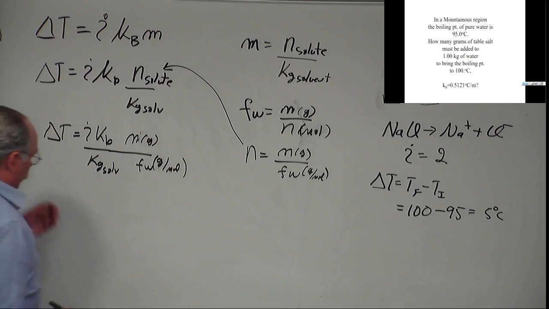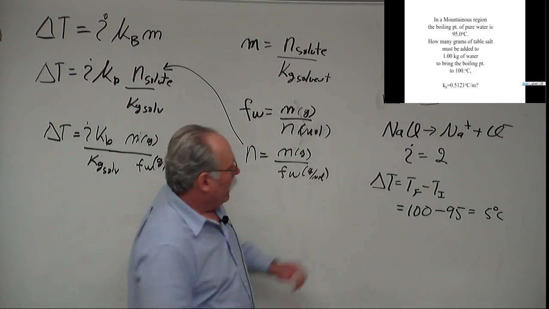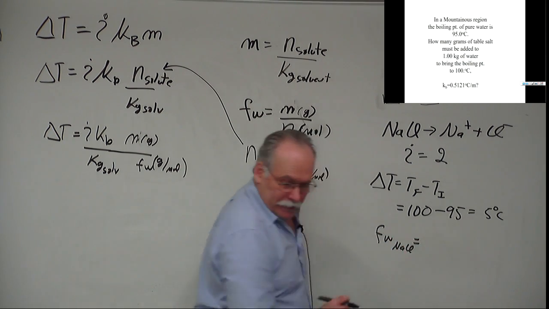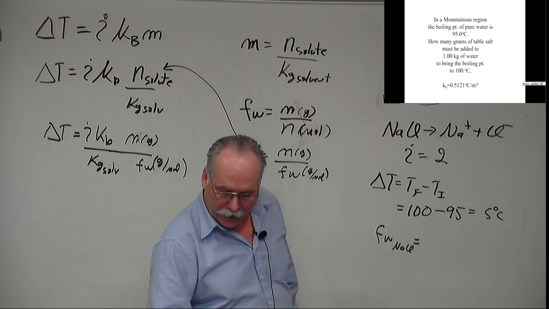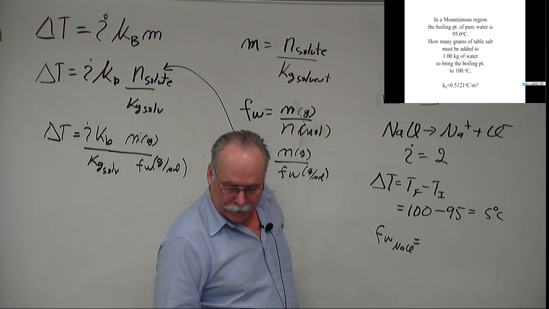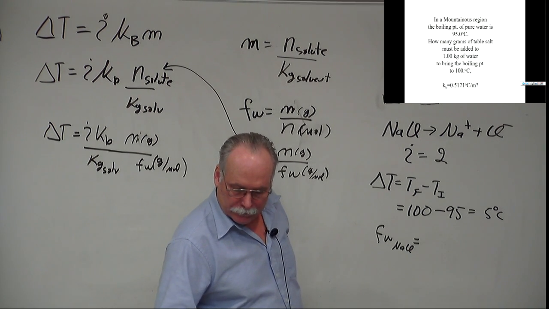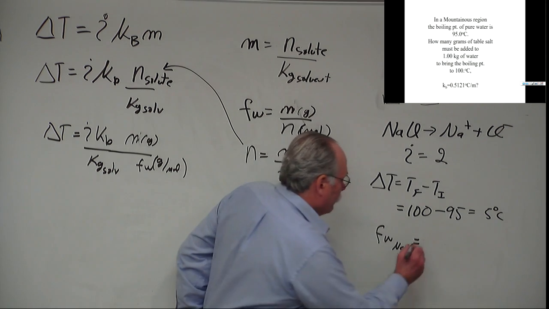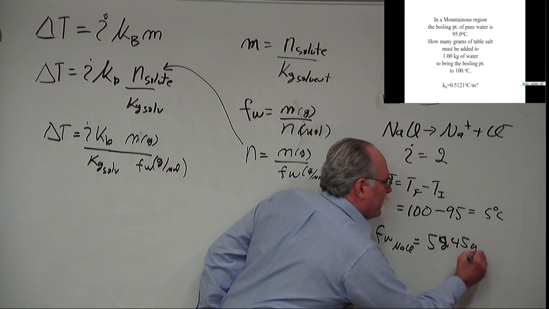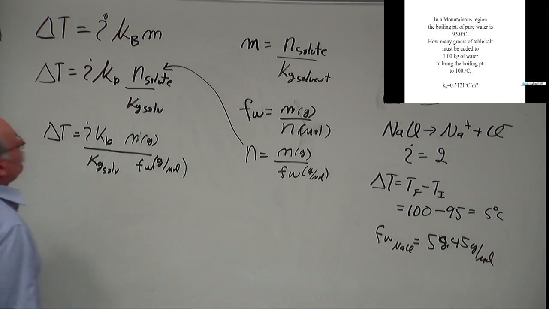Okay, now the formula weight I can calculate from the formula for NaCl, and the formula weight for NaCl I believe is 58.45 grams per mole. Double check here. Yep, 58.45 grams per mole.